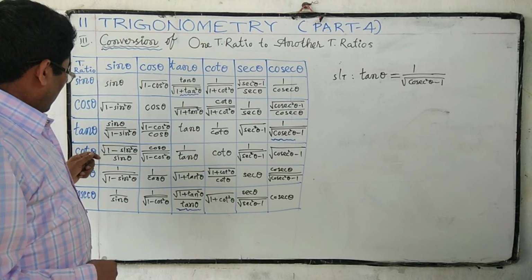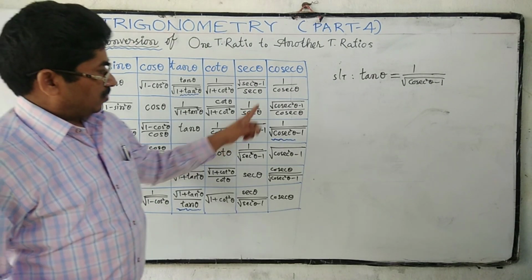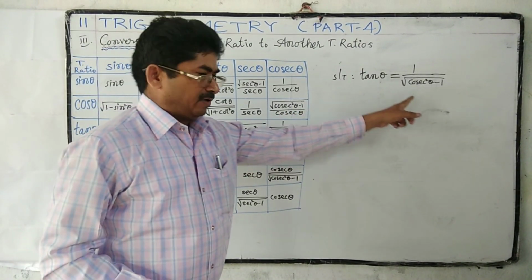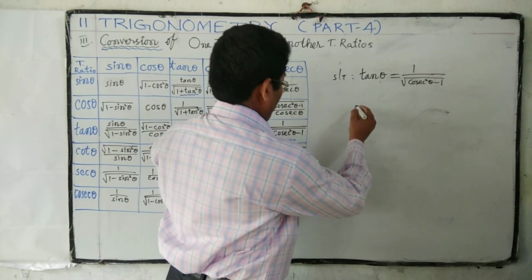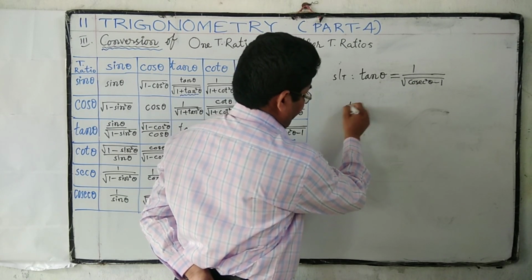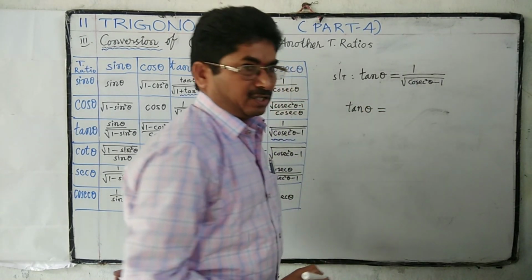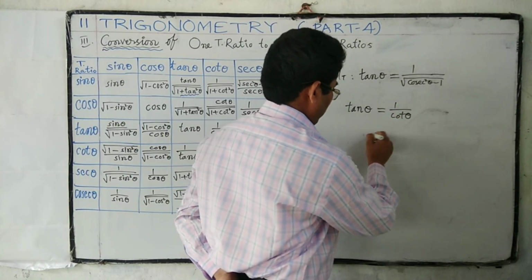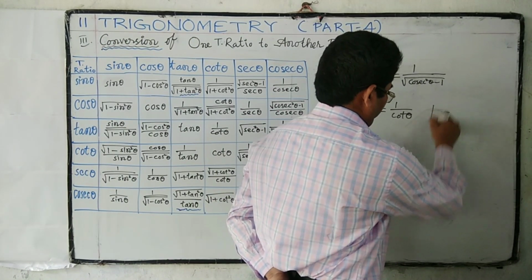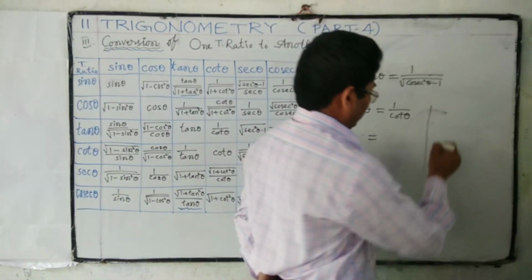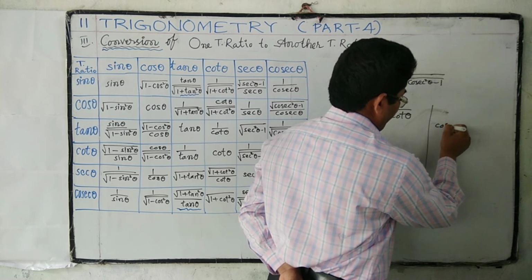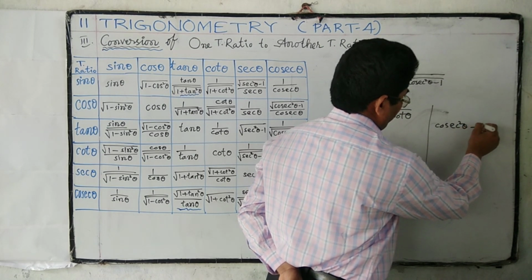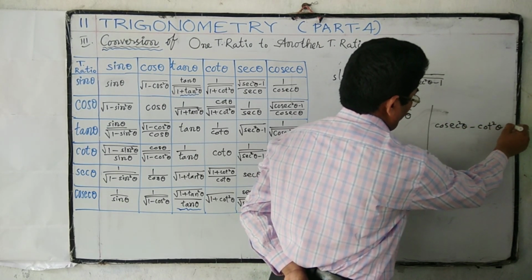Next, how to get tan theta in terms of cosec theta: 1 by under root of cosec square theta minus 1. I will show you. We know tan theta is the reciprocal of cot theta. We know the relation between cot and cosec, the third trigonometric identity: cosec square theta minus cot square theta is equal to 1.